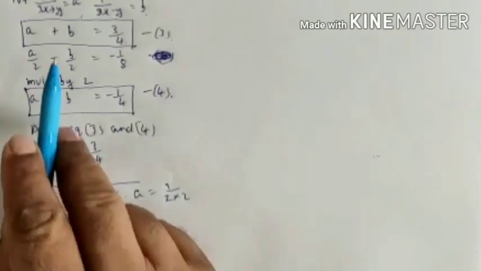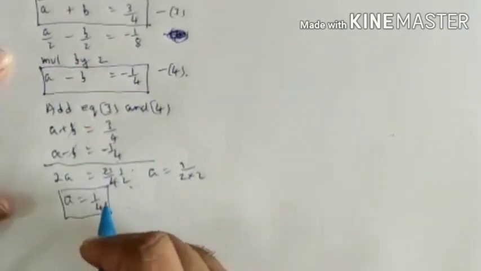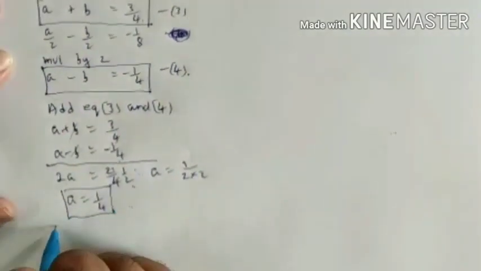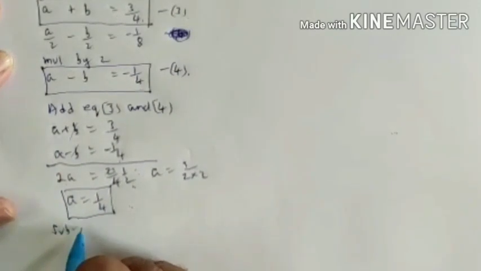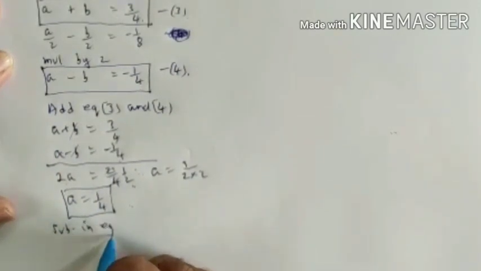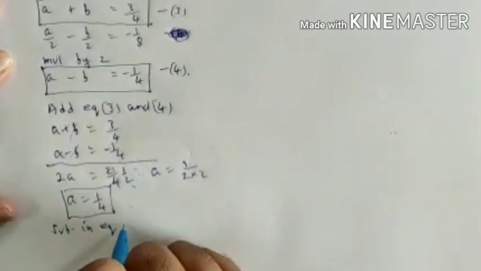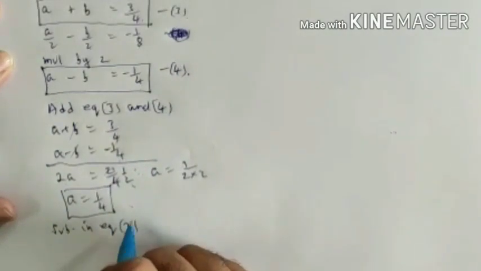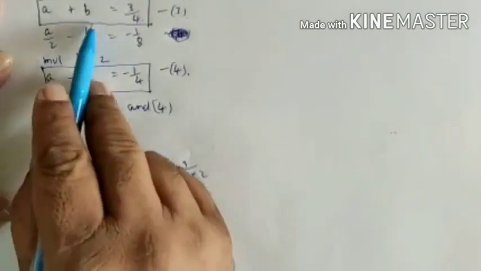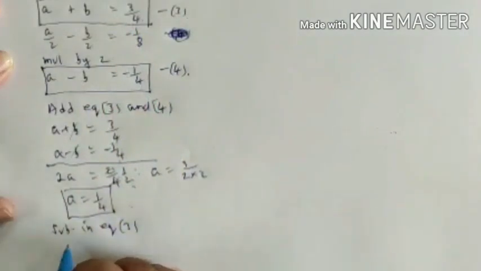Now how to find the value of b? Substitute in equation 3. If we substitute in equation 3, what we get? A plus b is 3 upon 4. So what we get here? 1 upon 4 plus b is equal to 3 upon 4.